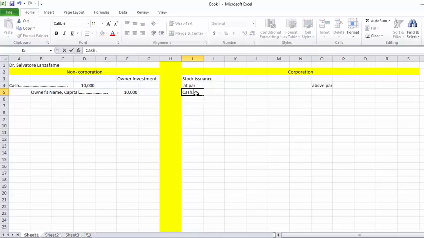We would debit cash and we would credit, I'm going to be generic and just say capital stock, just so we can see the similarities with the owner's name capital on the left side. But I just want you to know that instead of capital stock, we usually are a little bit more specific and say something like common stock or preferred stock.